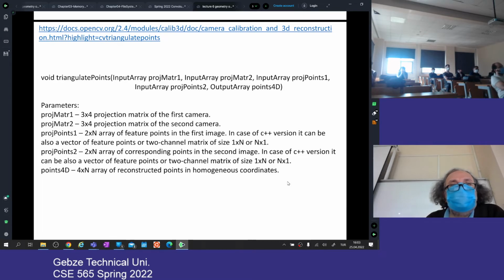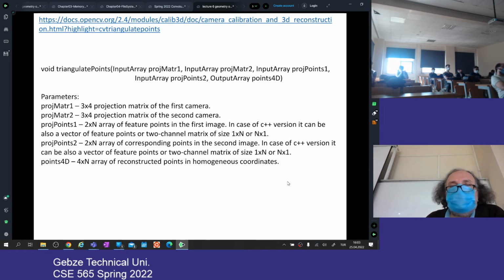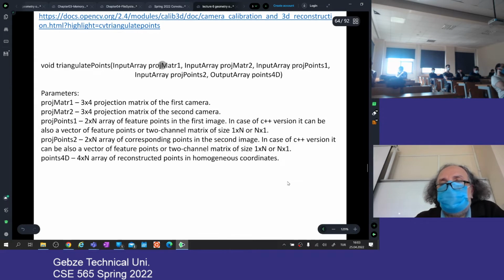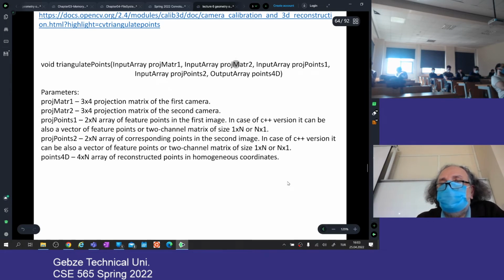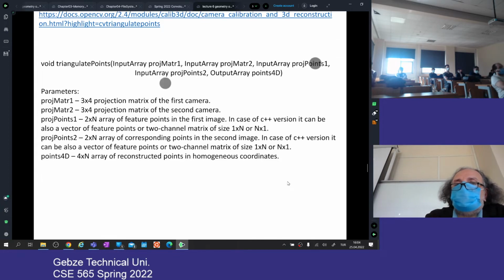And it looks like I have this nice OpenCV function, triangulatePoints. It says give me the projection matrix of the first camera, the projection matrix of the second camera, and the points that you think correspond to each other, the point set from the first camera and the point set from the second camera.